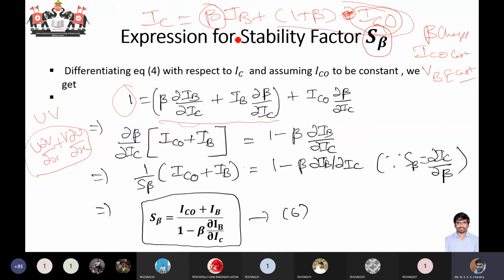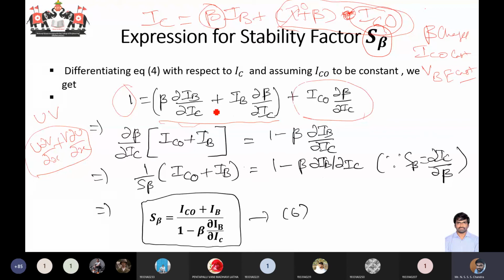Next, in the second expression you have IC0 as constant, so if you differentiate, differentiation of the constant term will become 0. Only the beta IC0 term will be left out, and differentiating it gives IC0 into ∂beta by ∂IC.